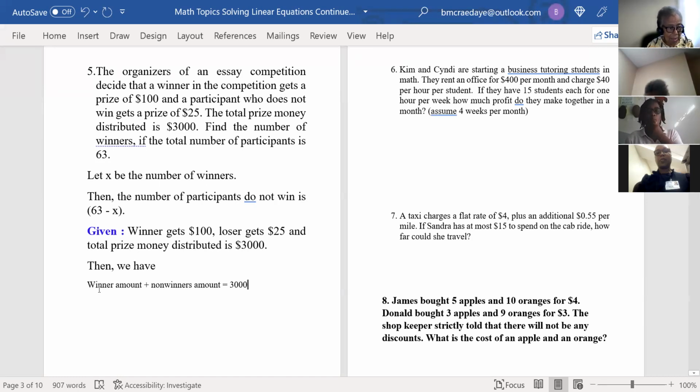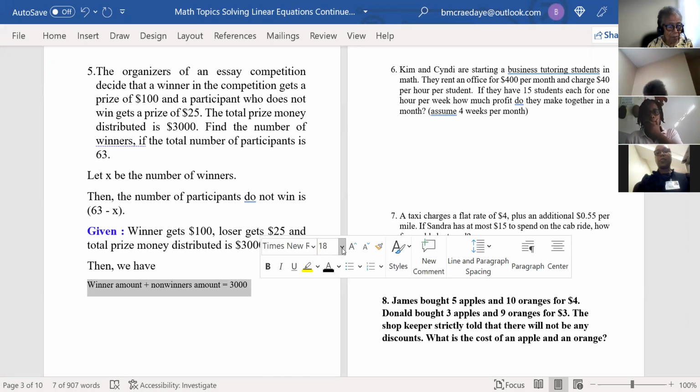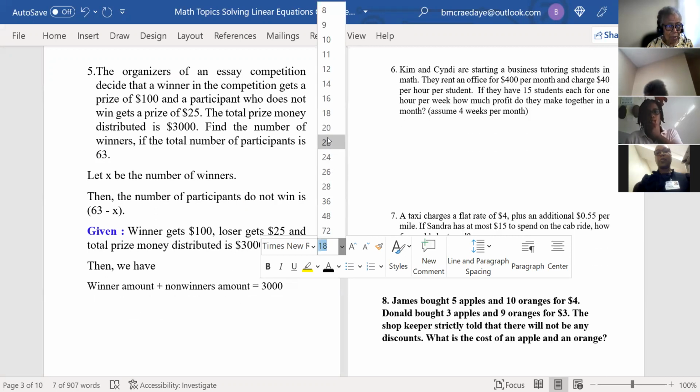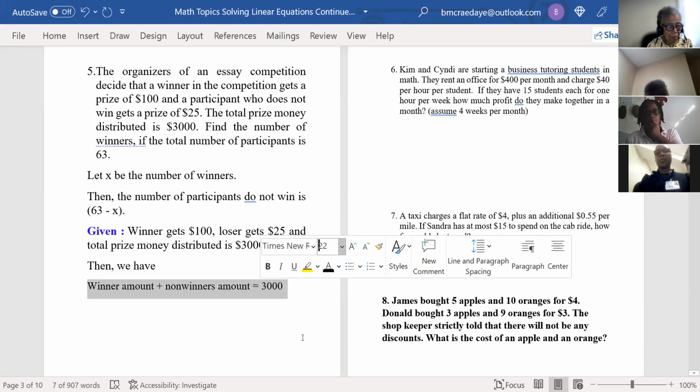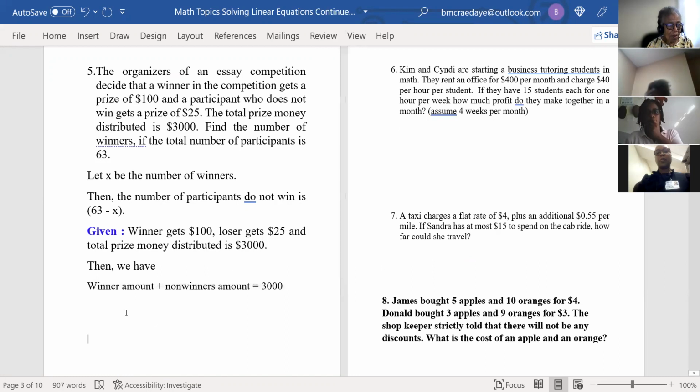Now let's translate the winner amount to an expression, using what was given in the problem. So what would be the winner amount? $100. $100 for how many people? 63 participants.